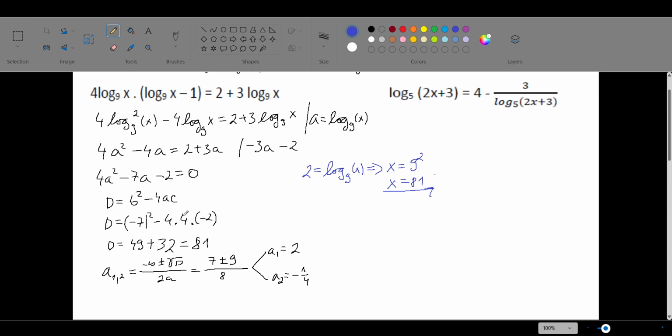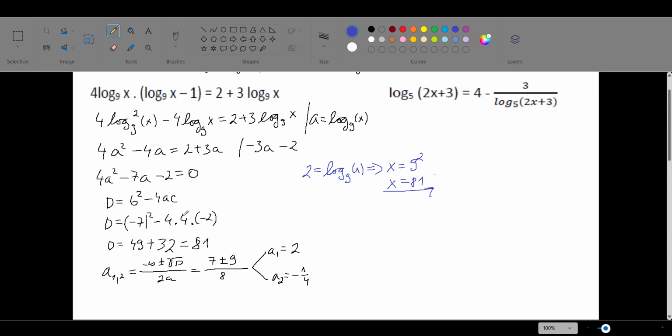Our second root can be found such that we will replace now our unknown a with negative 1 over 4. This root is gonna be a little bit tricky.